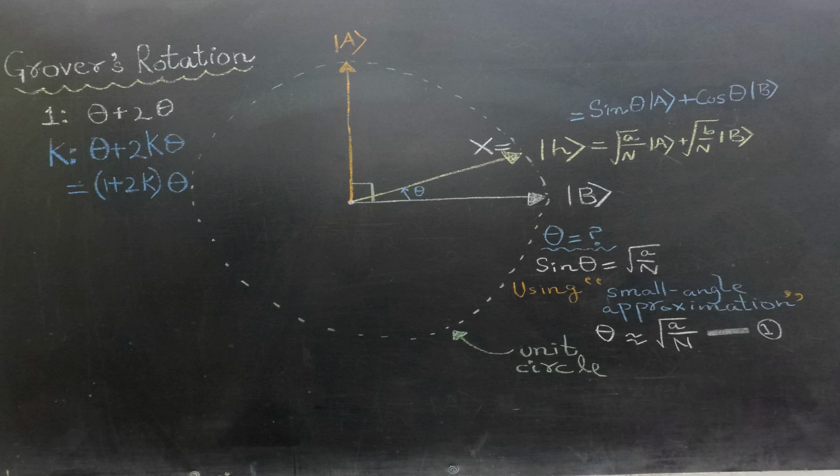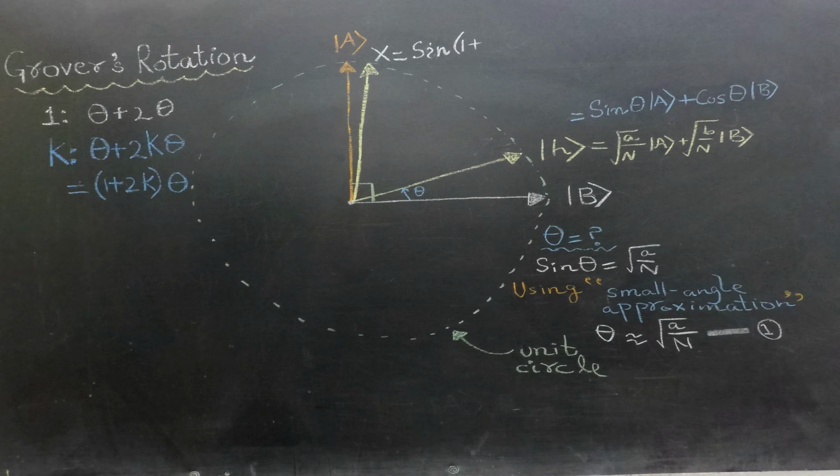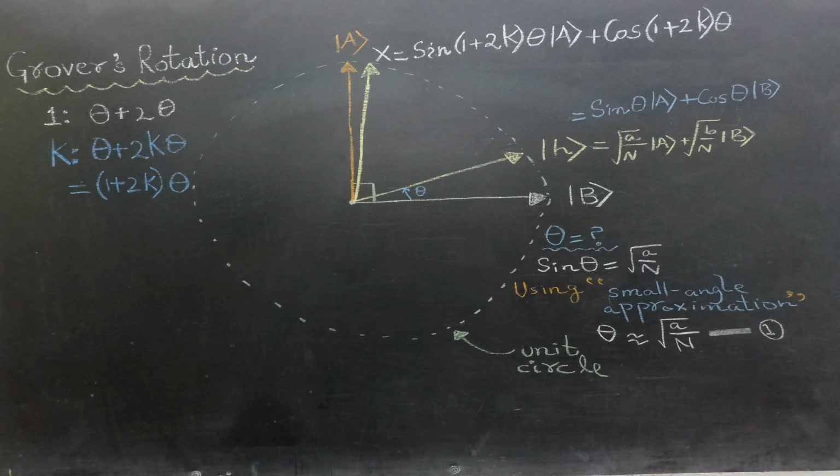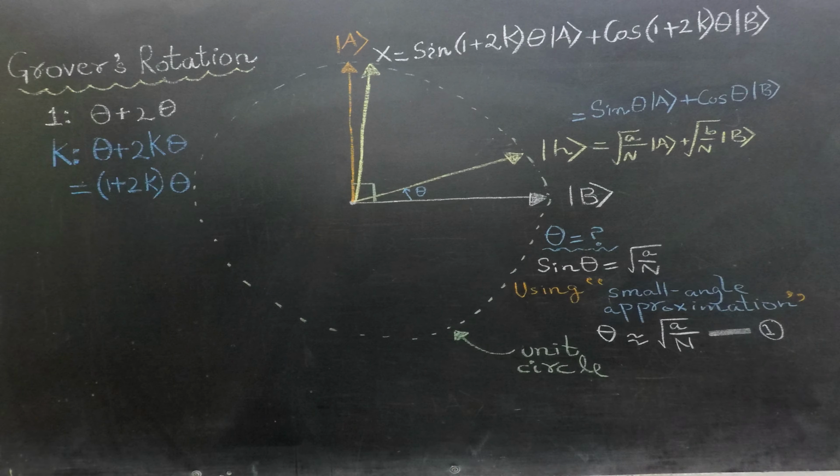Thus, we can write the content of register X after K Grover rotations in polar coordinates as sine of theta plus 2 times K theta ket A plus cos of theta plus 2 times K theta ket B.